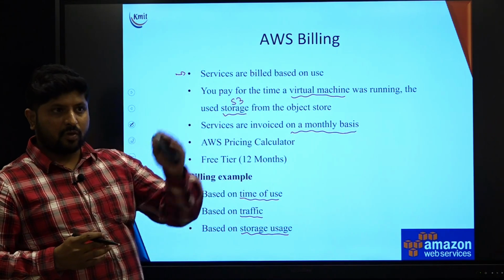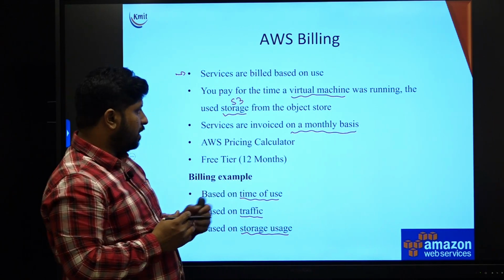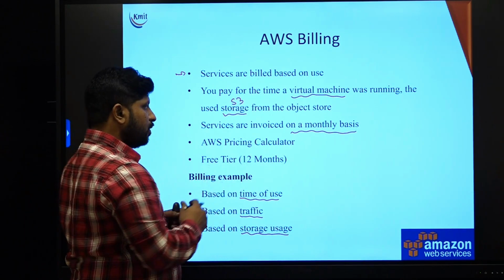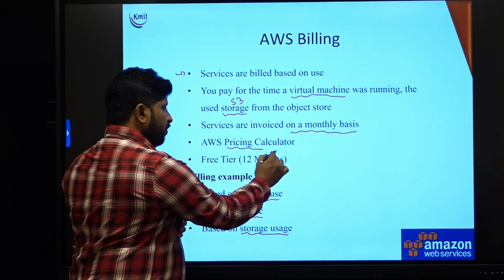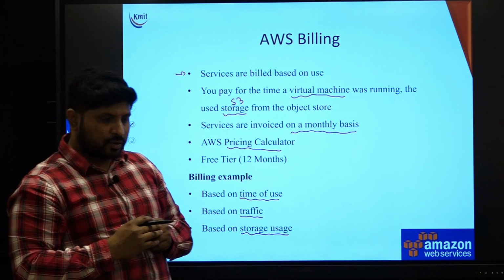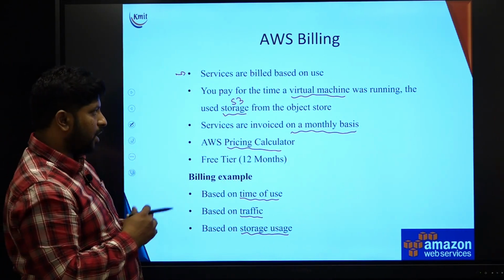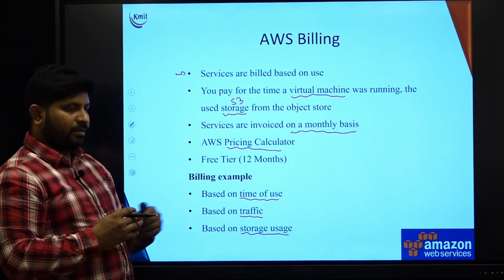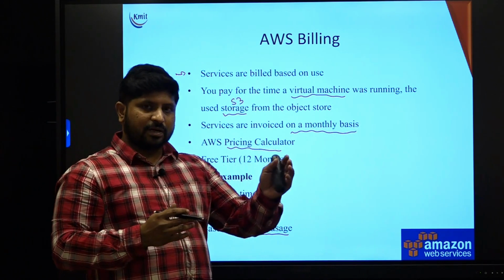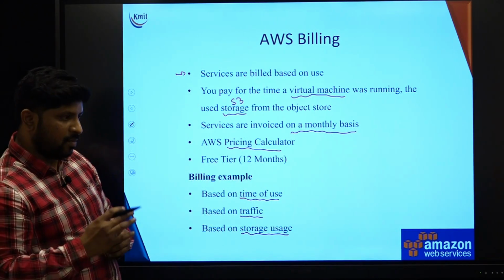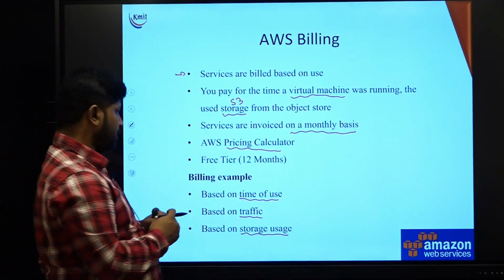In a particular month, based on the usage of the various services you had used, they are going to charge you. At the same time, all the charges which are incurred are globally available from AWS, where you can go to the AWS pricing calculator and check how much a particular service is charged per hour or per storage, how many cents they are going to charge you.